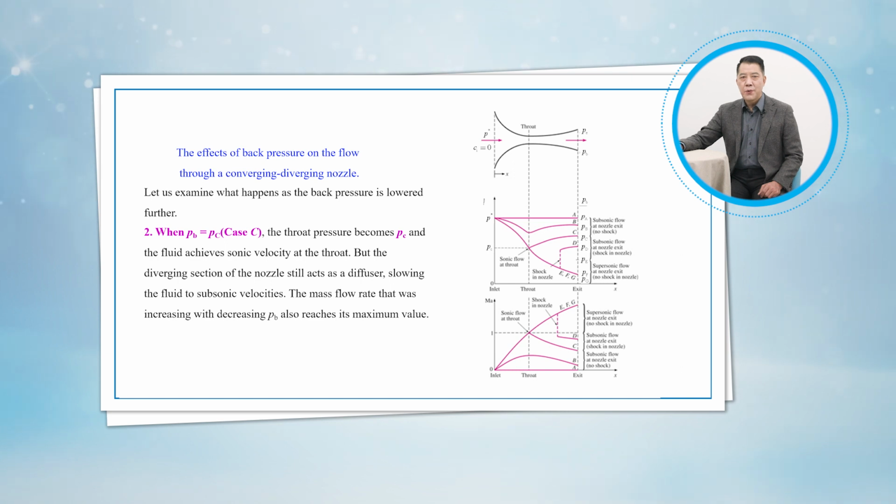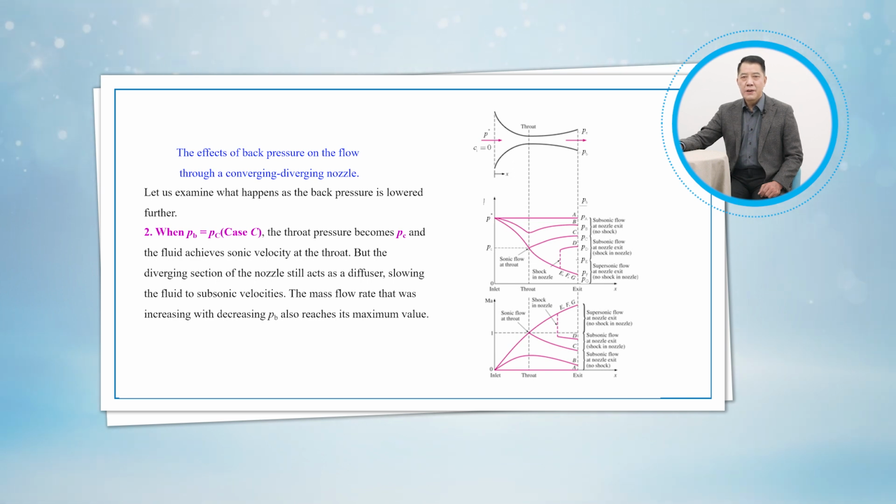The mass flow rate that was increasing with decreasing PB also reaches its maximum value. Recall that PC is the lowest pressure that can be obtained at the throat, and the sonic velocity is the highest velocity that can be achieved with a converging nozzle.